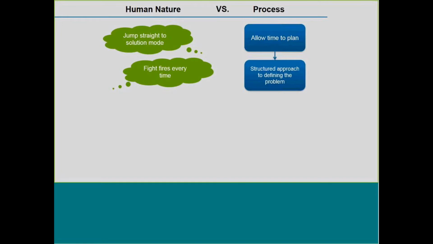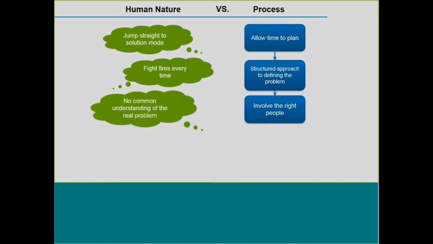It allows us to take a structured approach to make sure that we truly understand the problem, the root cause of the problem that we are trying to solve, so that we're not consistently attacking symptoms of problems. A lot of times when you're in that group, there may be one person that really does have a great understanding of the problem, but other people don't.